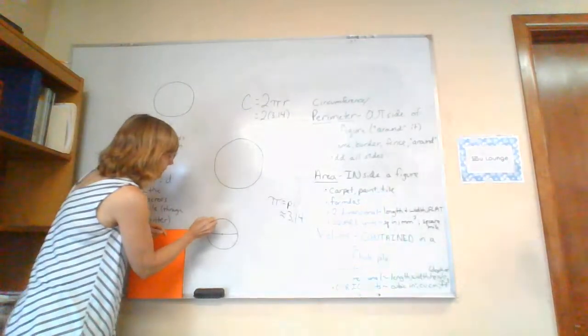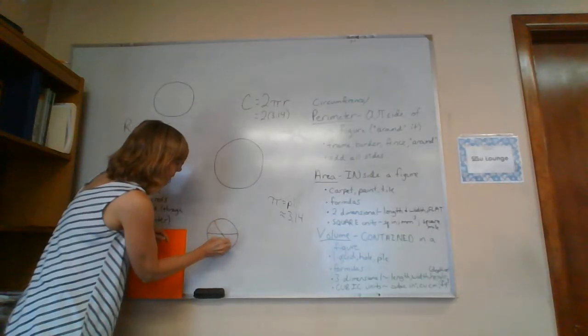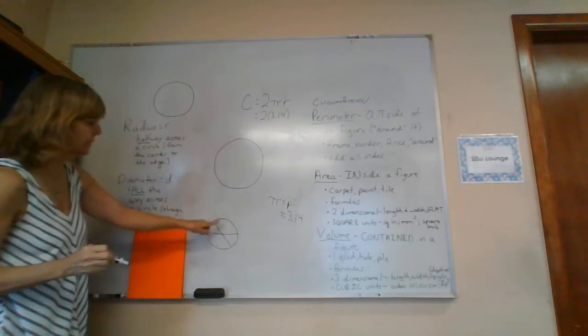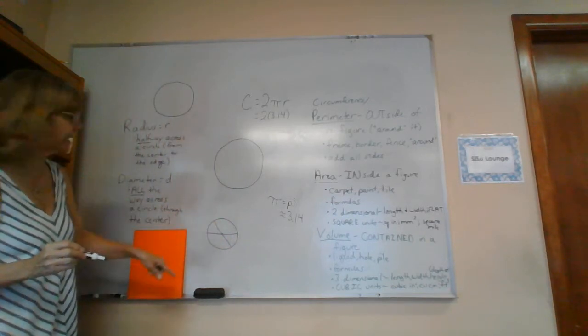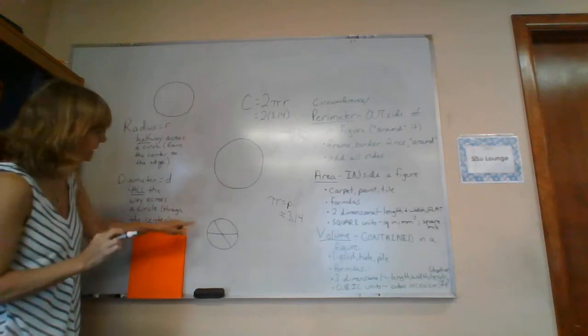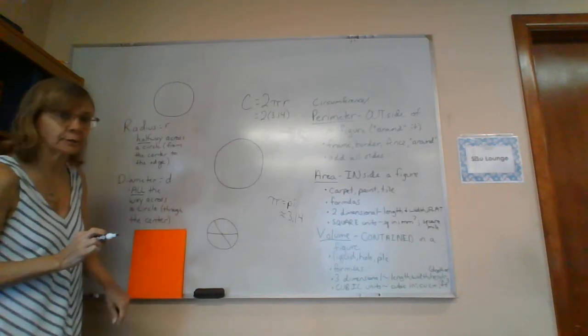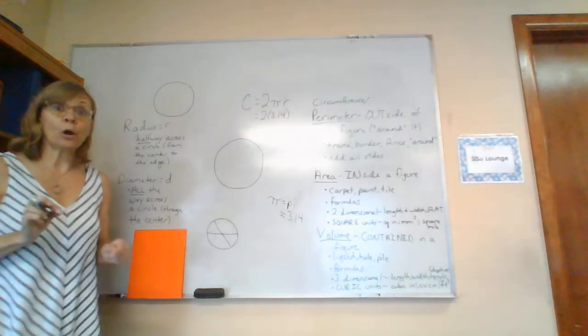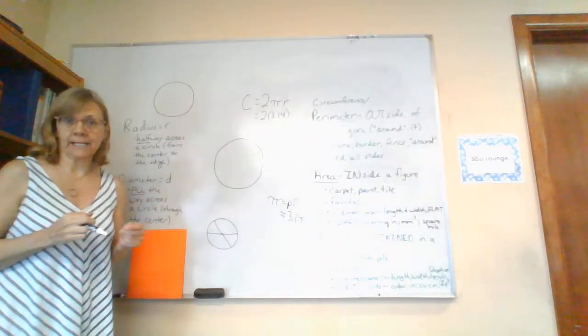And again, I can draw an infinite number of different diameters, making teeny tiny changes all the way around my circle, like spokes on a wheel. Every diameter is going to have the exact same value.